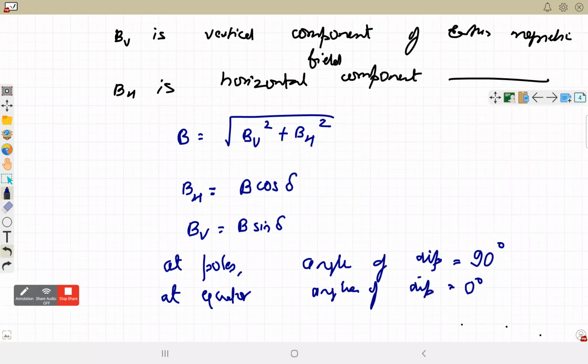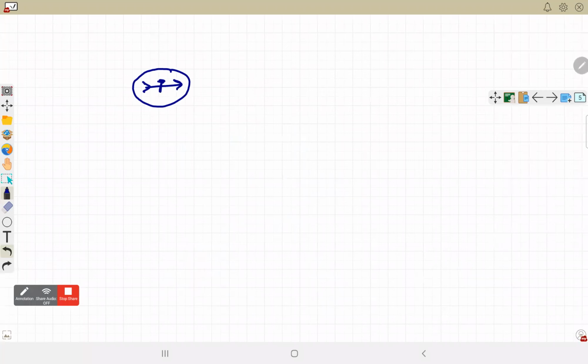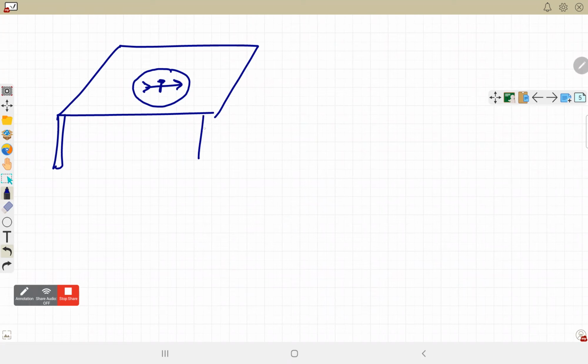Vertical component is B sin delta. अब किसी भी place पे अगर हमने compass रख दिया, if it is kept on a table, जो कि हम lab में use करते हैं, let's say we have a magnetic needle. तो इसका जो needle का north है वो किस तरफ को point करेगा? This will be pointing in the south to north direction, which means it is pointing in the direction of magnetic meridian, horizontal component, right?